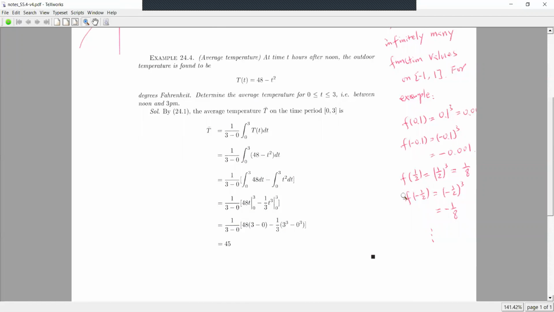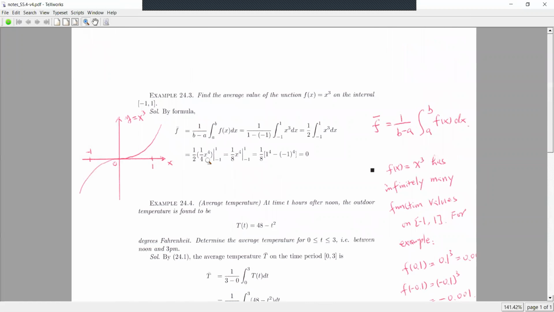Second example. The function value at 1/2 is 1/8. The function value at -1/2 is -1/8. These two function values are in one pair. The signs are opposite, positive 1/8, negative 1/8.